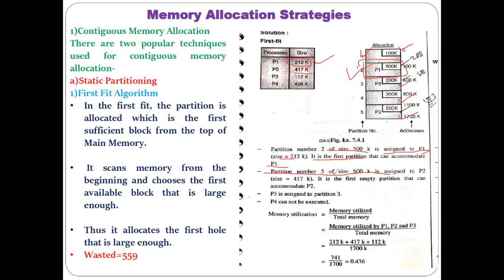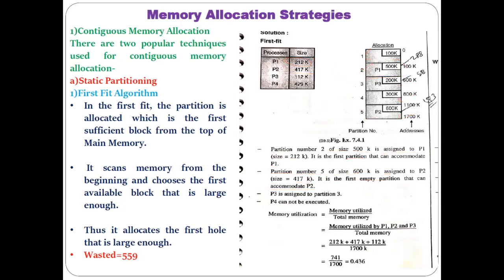In partition number 5, you can put your process of size 417. That is the reason partition number 5 of size 600K is assigned to P2, where the size of the process is 417. It is the first empty partition that can accommodate P2. So that is the reason we choose partition 5 for our P2 process.